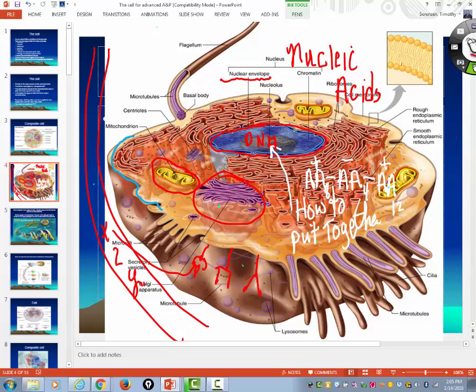I'm making this up. When those charges interact, that is going to determine its shape. And the shape of a protein, in this case enzymes, determines its function. So if you alter the shape of an enzyme by altering the sequence of amino acids, it won't be able to do its job.